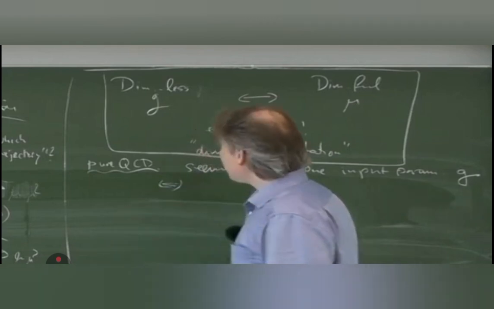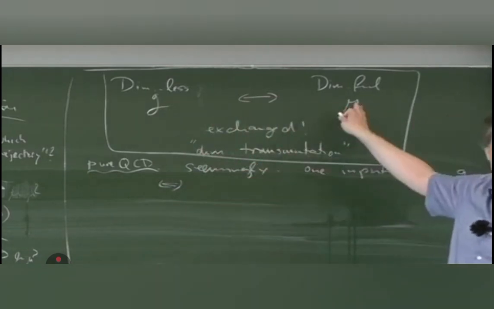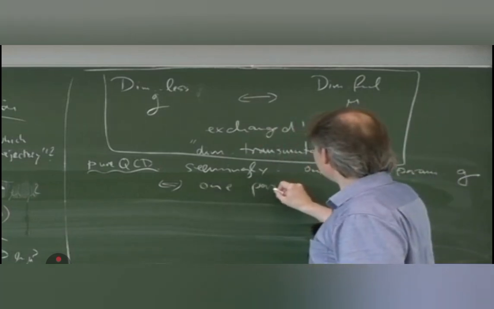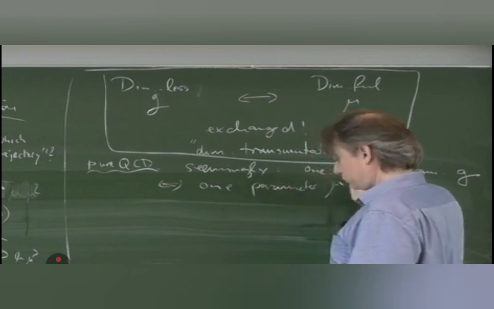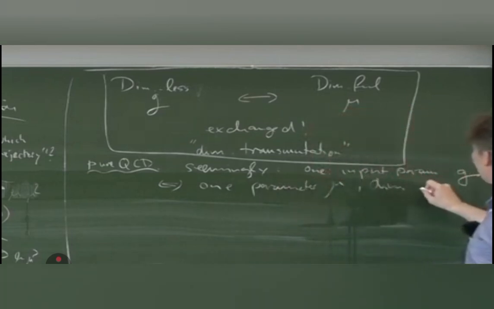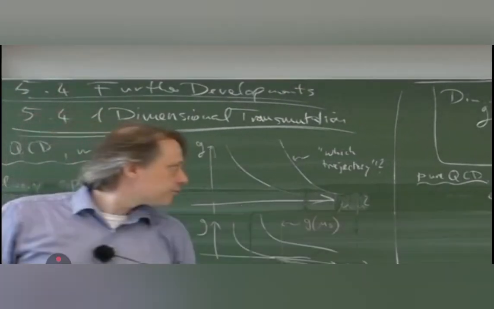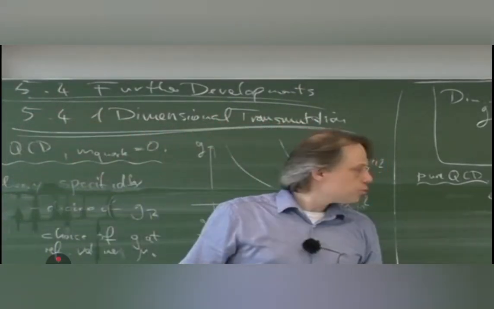But now we have discovered that specifying g is equivalent to specifying the full value of u. And what is the physical role of u? It just specifies a mass.